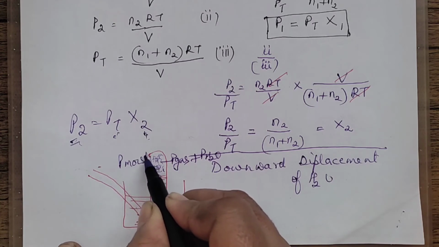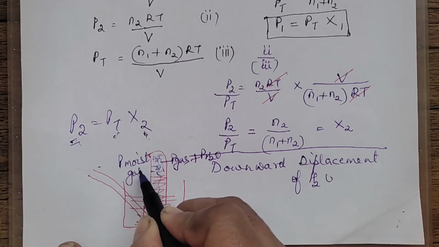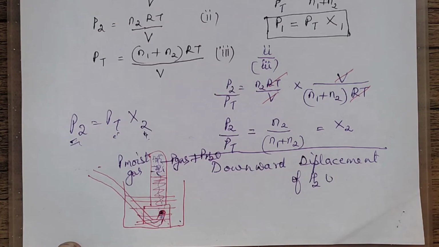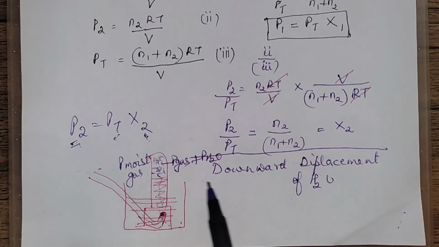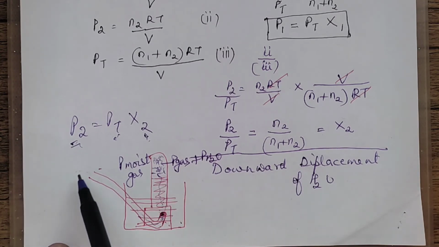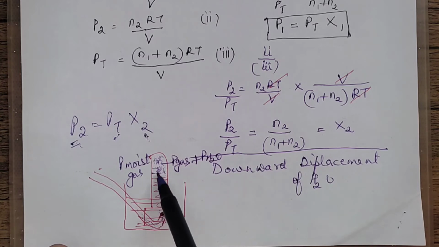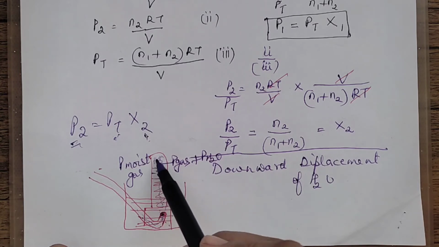We will not be able to measure the pressure of the dry gas, because whatever reaction is going on in the container, that part I have not drawn, just one part I have drawn here. So the gas is formed, it is getting collected here. By downward displacement of water, the gas will pass through this water and it will go up and get collected in the jar over here.